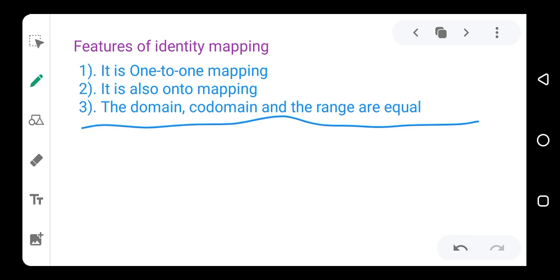And since all the elements in the domain have the same elements in the codomain, then it means that the domain, the codomain, and the range, which is all the images, are going to look the same. What we have in the domain is what you are going to have in the codomain, and that is the same thing you are going to have in the image. Because it is onto, no element is left out.